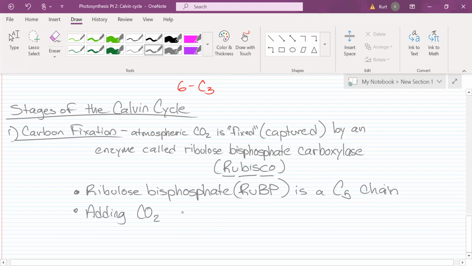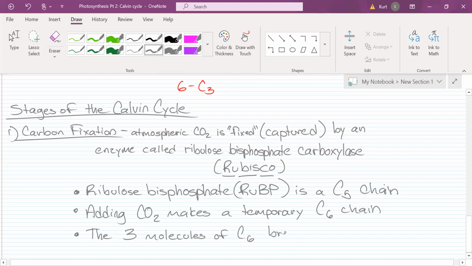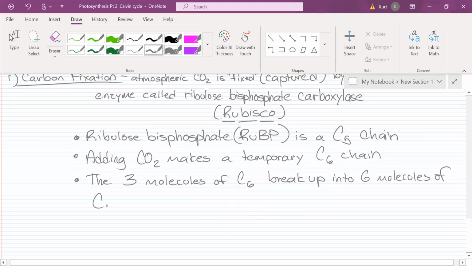Adding CO2 makes a temporary C6 chain. The 3 molecules of C6 break up into 6 molecules of C3 called phosphoglyceric acid.